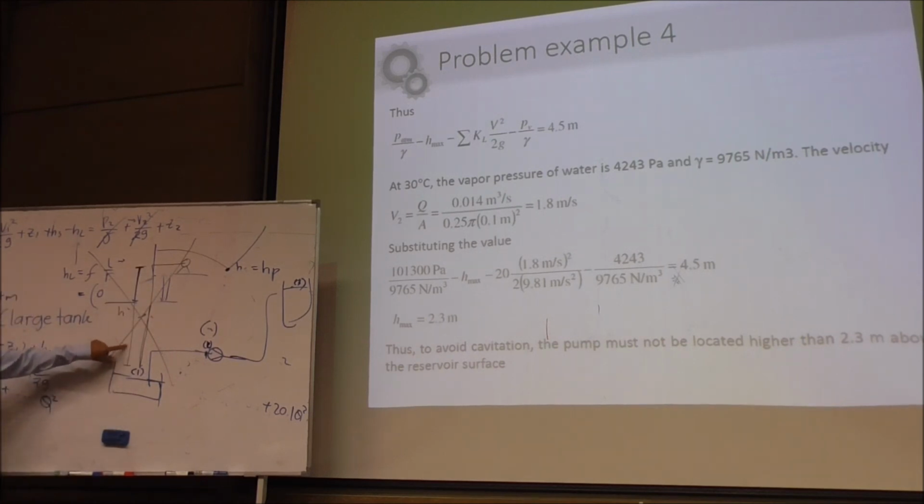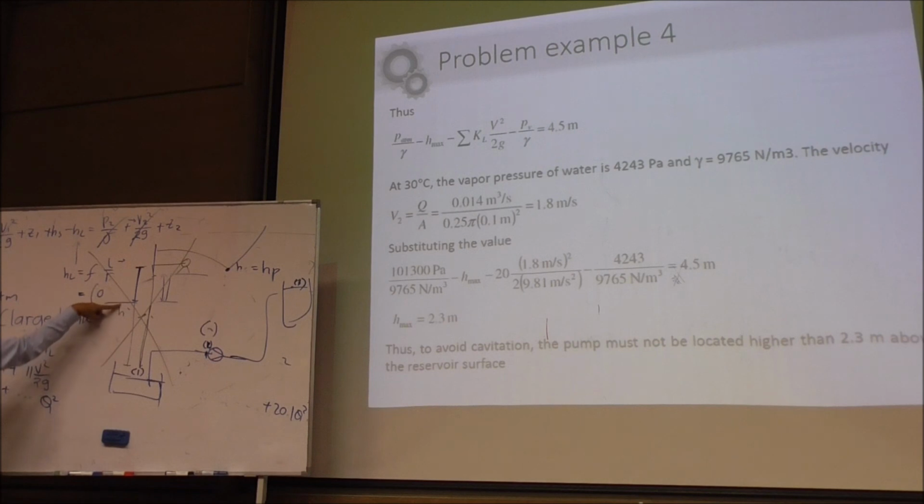But of course, if you put the longer pipe, the losses will be there. But this one is not coming for the height. This one will come to your HL. It's not going into the maximum height like that, but it goes to your HL. Because you have the length of the pipe there.